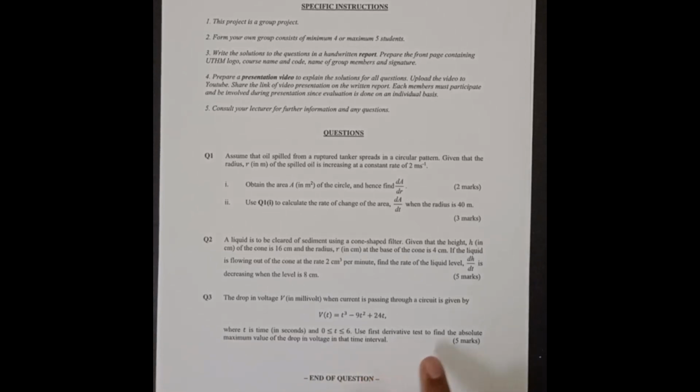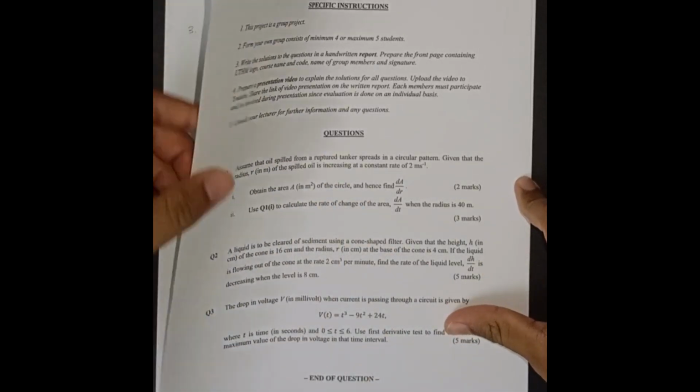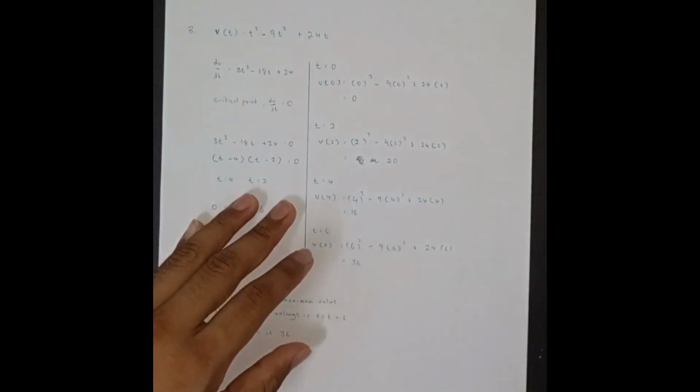Use the first derivative test to find the absolute maximum value of the drop in the voltage in that time interval. Okay, so first of all, this is how our group solves this equation.